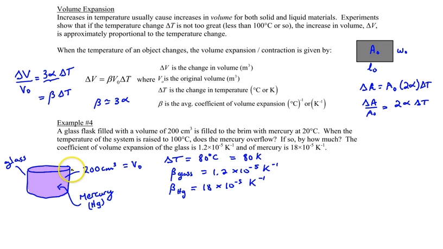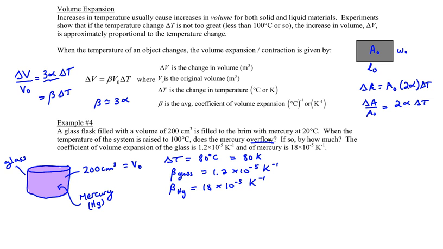So what we'll see is that this glass container will expand outwards. Remember, it's not going to expand inwards because it's going to get larger in size. But the glass is not expanding at a quick enough rate compared to the mercury. If these were both the same, then they would still be exactly filled to the brim. But because mercury expands at a greater rate than glass, it's going to overflow. So yes is the answer to that.